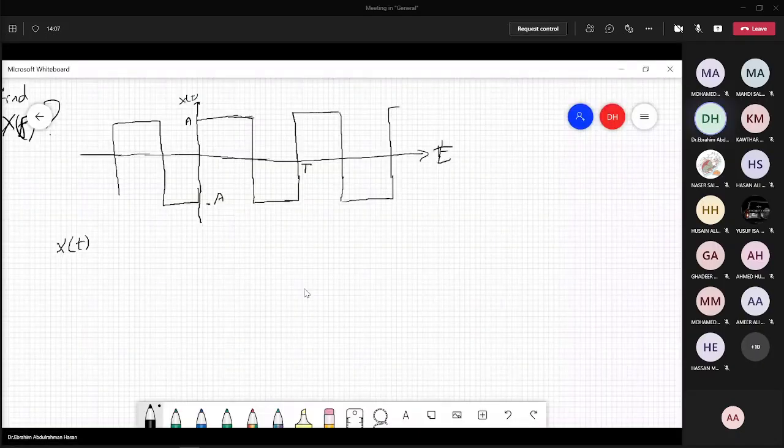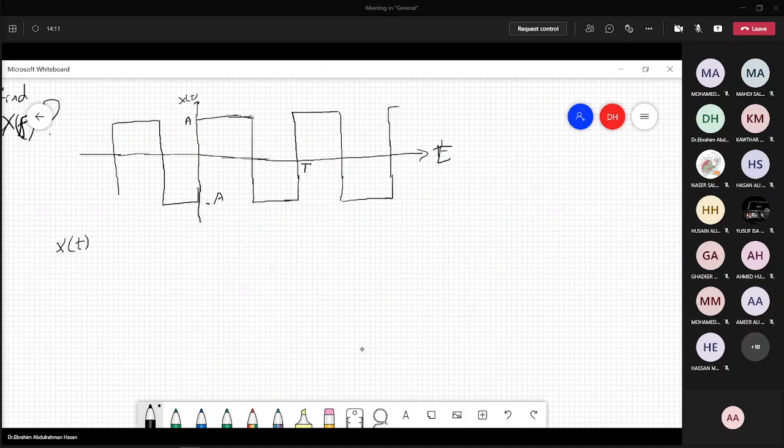Okay, خلنا نخلي هذه 10. Okay, and this is minus 10. طيب, then x of t equal to 4a over pi, a equal to 10, then it is 40 divided by pi multiplied by sine omega naught t.